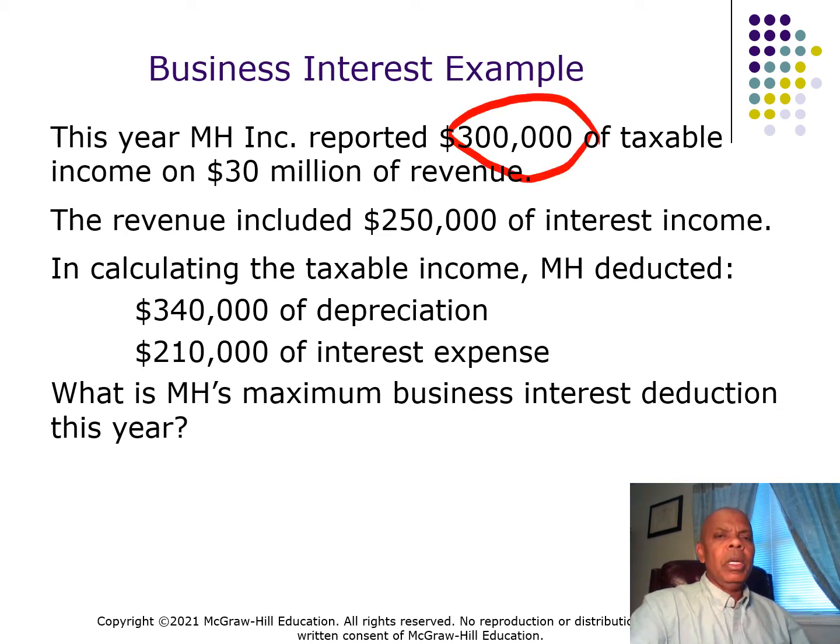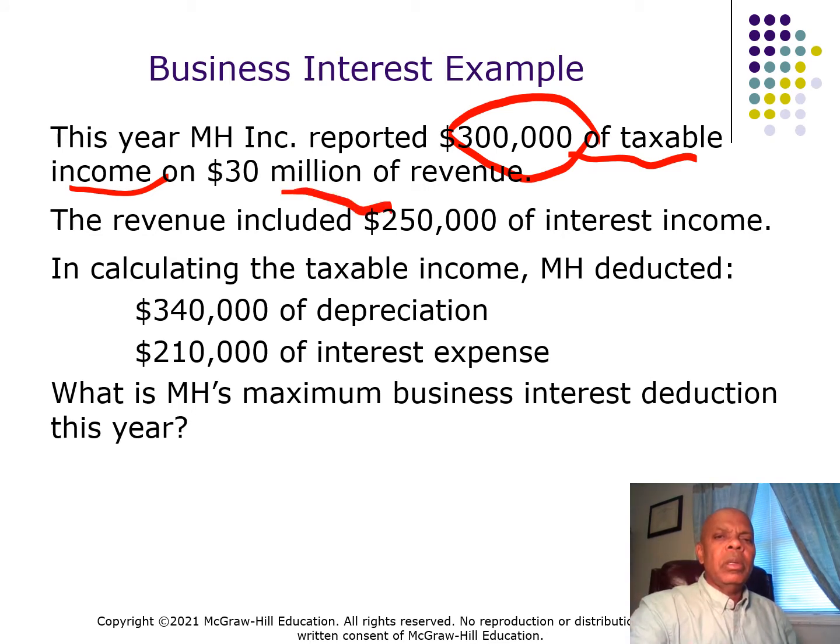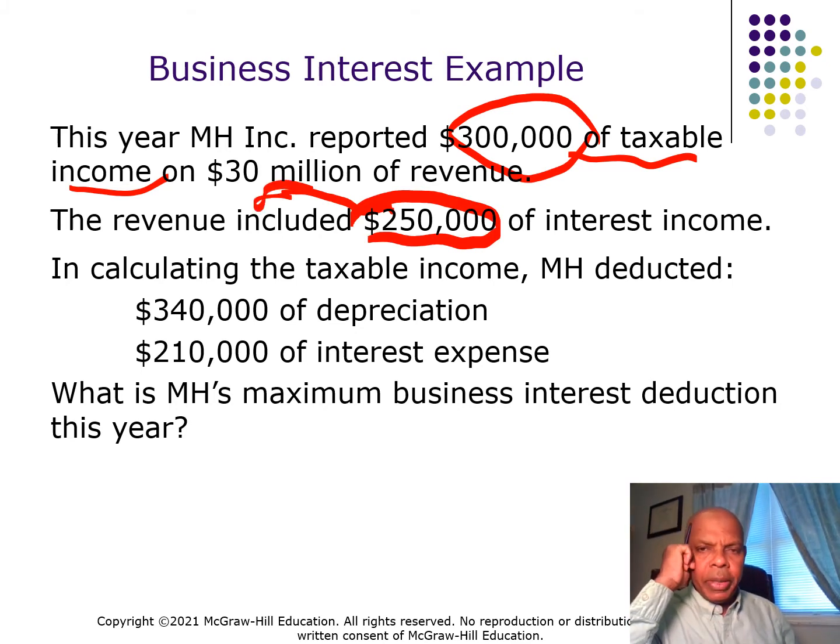The 30 million revenue included $250,000 of interest income. So $250,000 interest income is included in the 30 million.